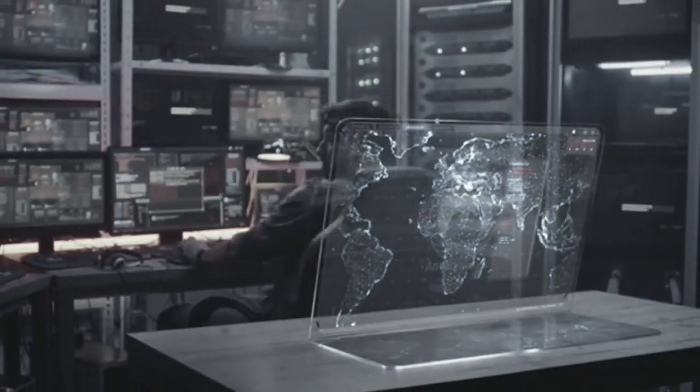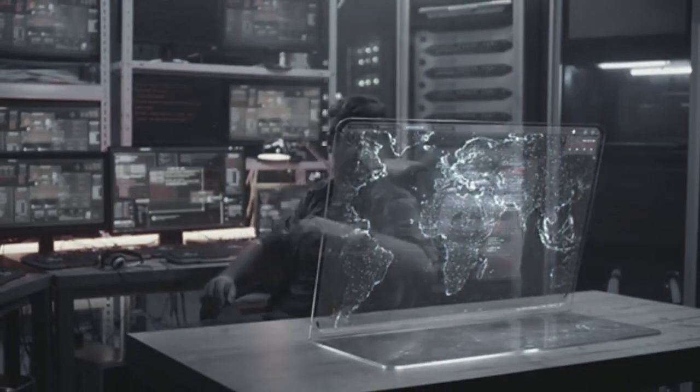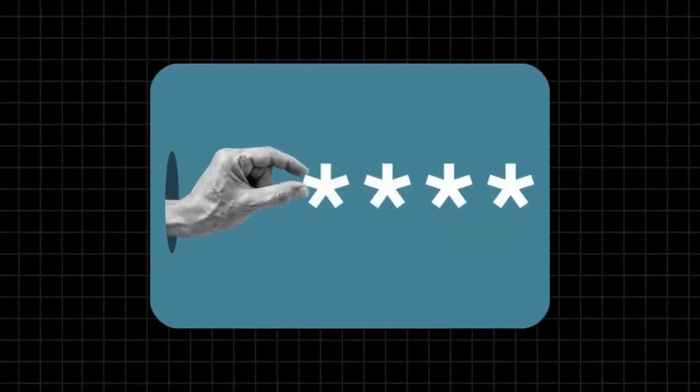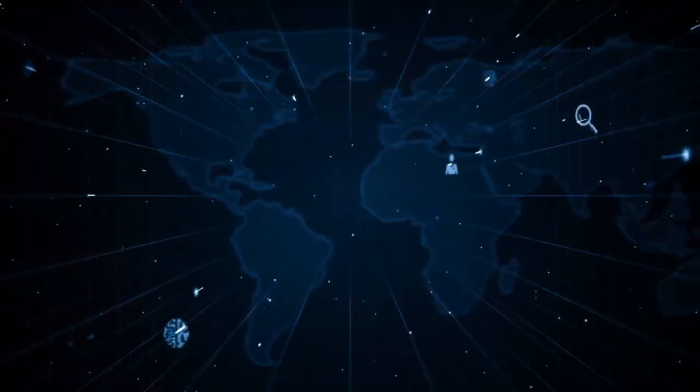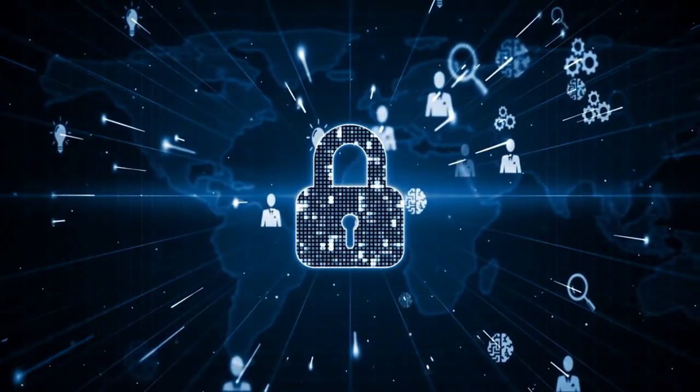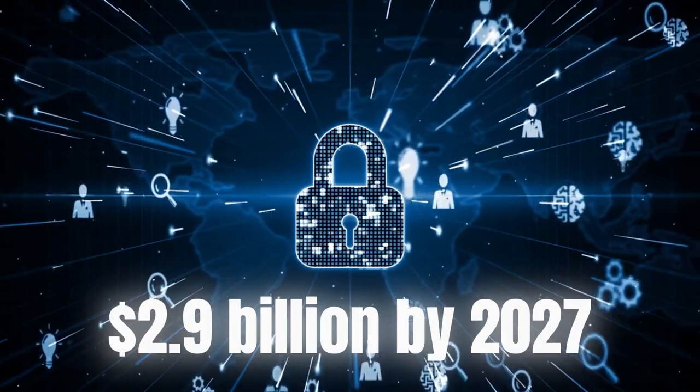Password managers help maintain strong and unique passwords for multiple accounts, reducing the risk of password reuse and weak password creation. The use of these tools is growing, with the market expected to reach $2.9 billion by 2027. Imagine having a digital vault that securely stores all your keys and autofills them as needed.